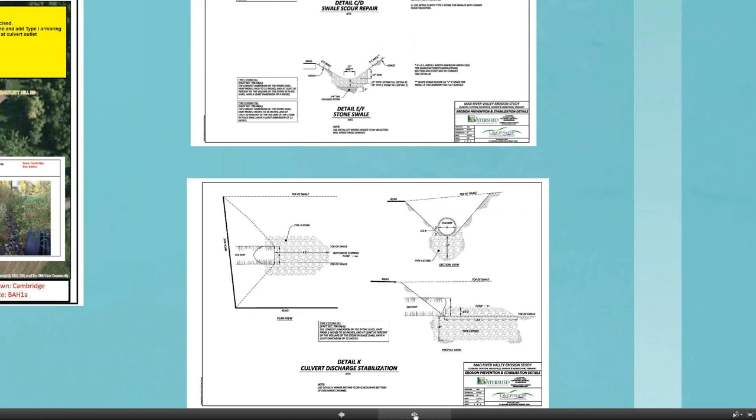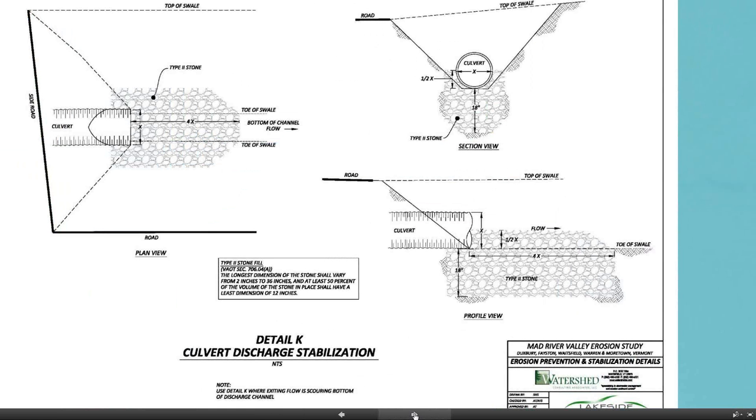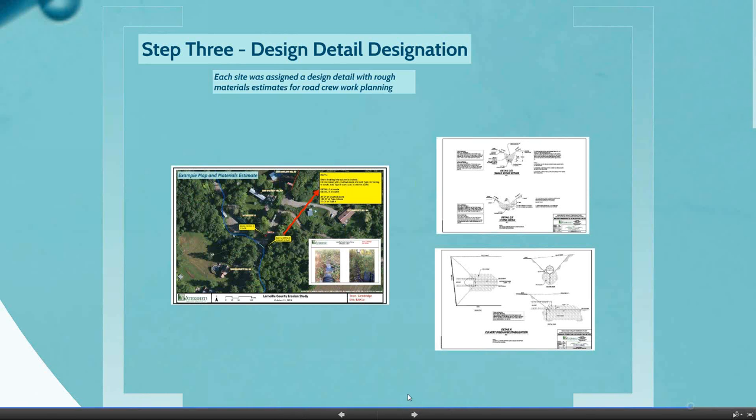With that information, you would have ready a grant application and then the guidance necessary for the town road crews to actually go out and fix a lot of these problems. And obviously not all these problems are simple, more of a back-of-the-envelope type fix, which this type of approach is good for.